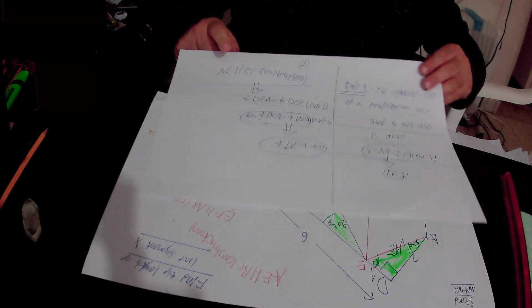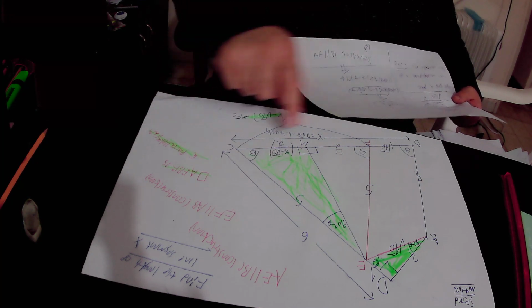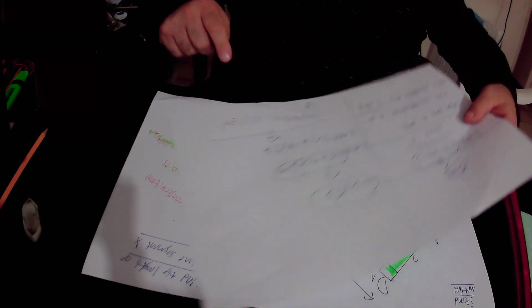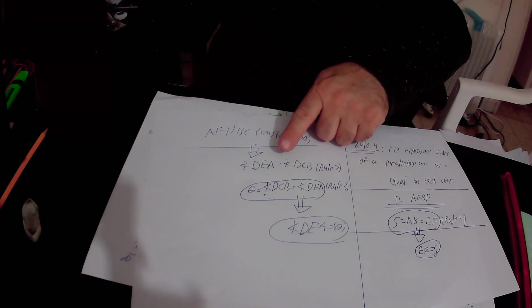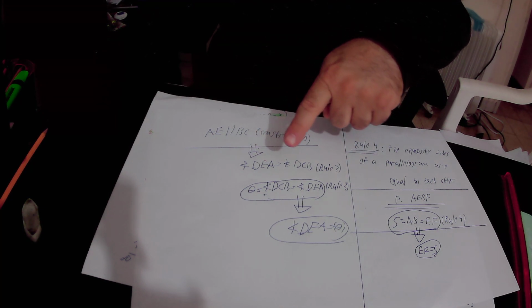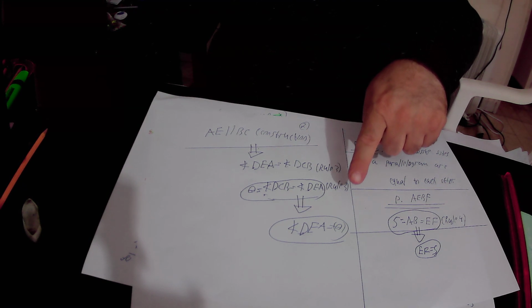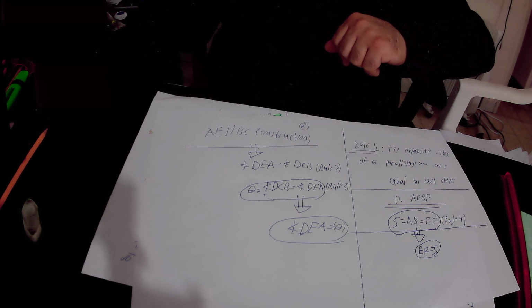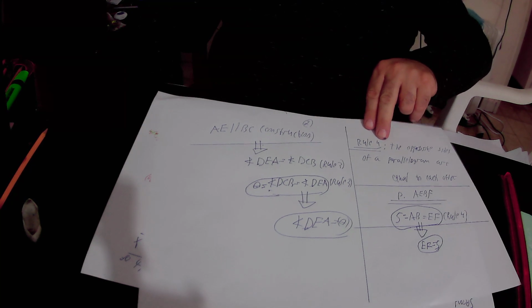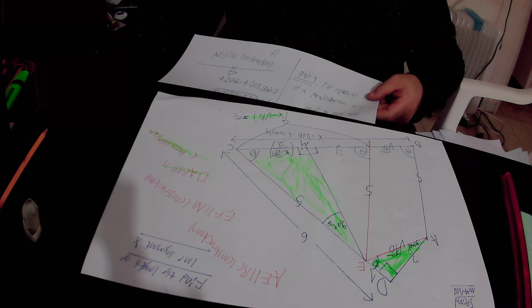But according to what is given in the question, angle DCB equals theta. So here we can write down that angle DCB equals theta, and from this, theta equals angle DCB equals angle DEA, we derive that angle DEA equals theta also. Right, this angle is also equal to theta.